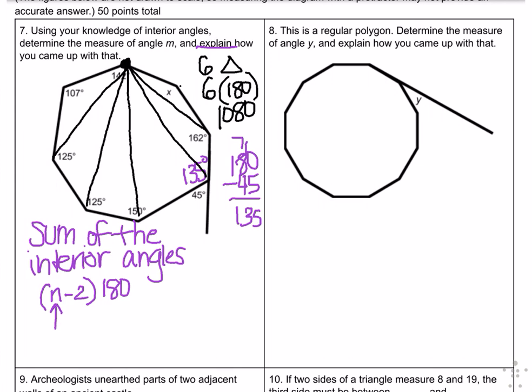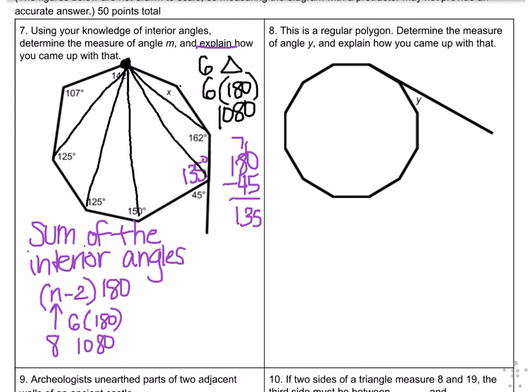If you count, you're going to find that there's 8 sides in the polygon because it's an octagon. And so what would that cause you to do? If you're following this formula here, you get 8 minus 2, which is 6, and 6 times 180. We just found that, right? So that's where that formula is coming from. It's looking at the amount of triangles that are inside of the polygon.